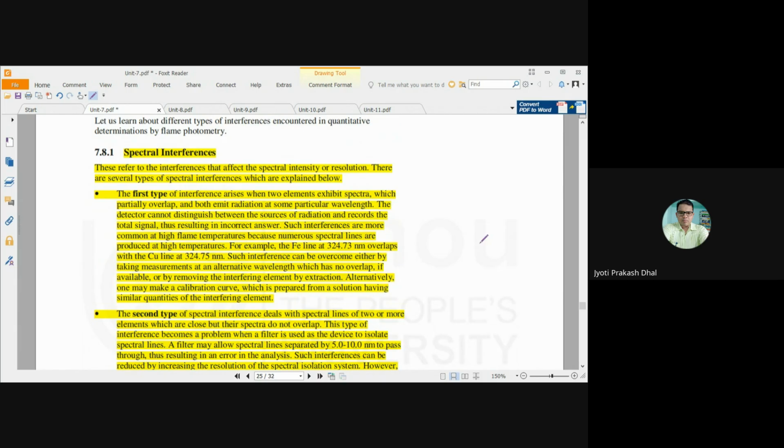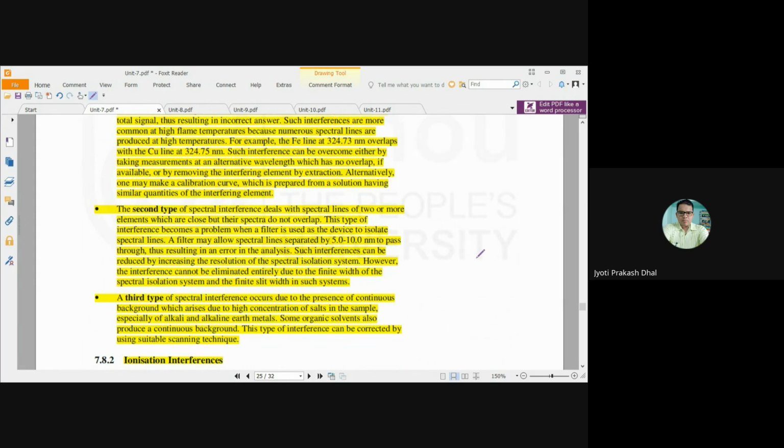Such interference can be overcome either by taking the measurement at an alternative wavelength which does not overlap, if available, or by removing the interfering element by extraction. Alternatively, one may use a calibration curve prepared from solutions having similar quantities of the interfering element.